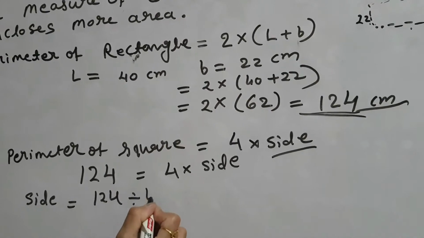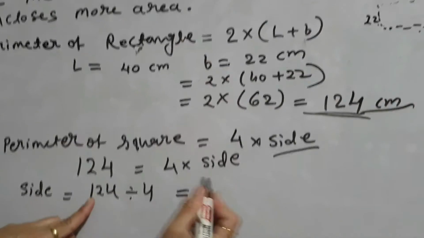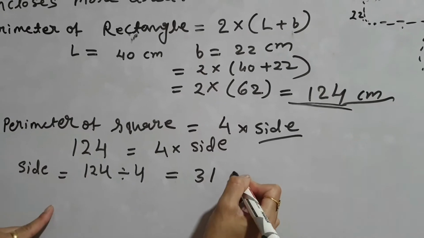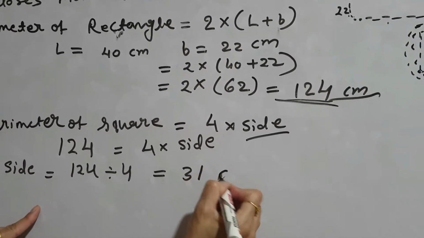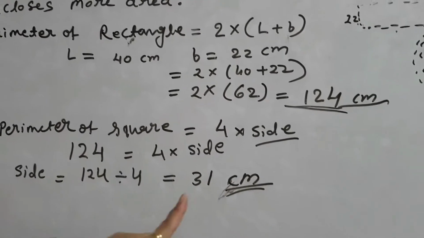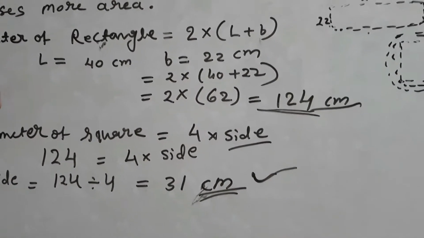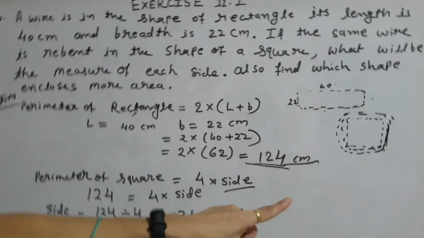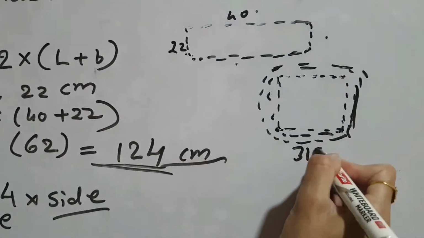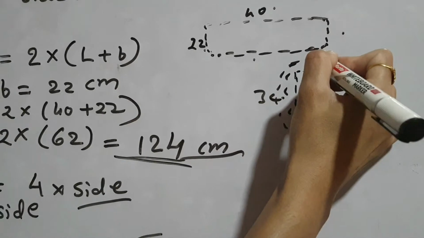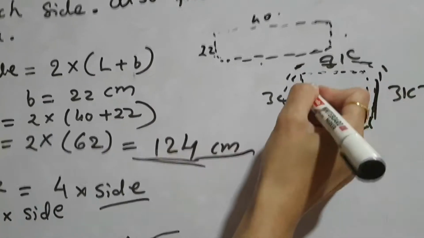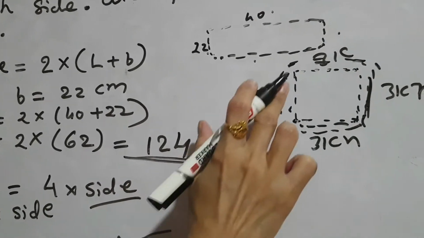124 divided by 4. So 4 3s are 12, 4 1s are 4. So side is equal to 31 centimeter. Now the first answer we have found: the measure of each side. Each side will be 31 centimeter, 31 centimeter, 31 centimeter, 31 centimeter. So it will be 124 centimeter perimeter.